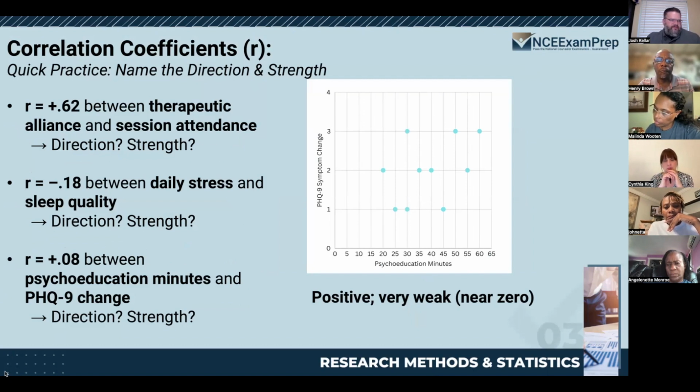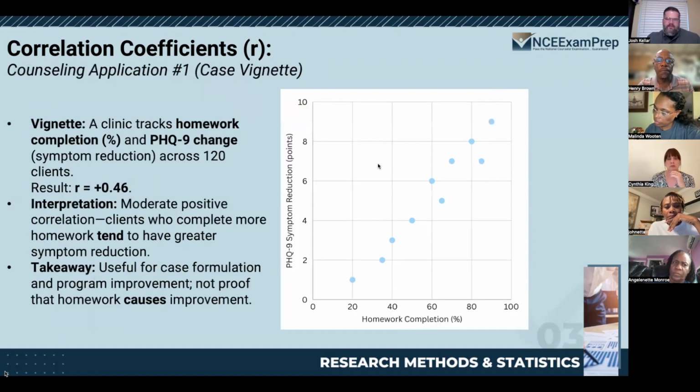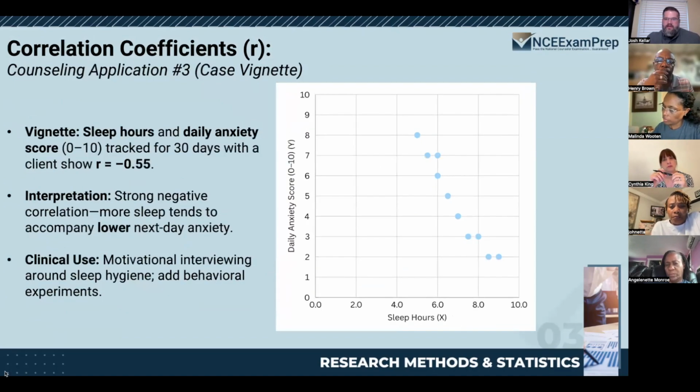So we want to look at if we could make a very discernible line from the scatter plot. It's going to be stronger, even if it's going down like this one is. That's still strong, but it's moving in a downward slope instead of an upward slope. Okay.